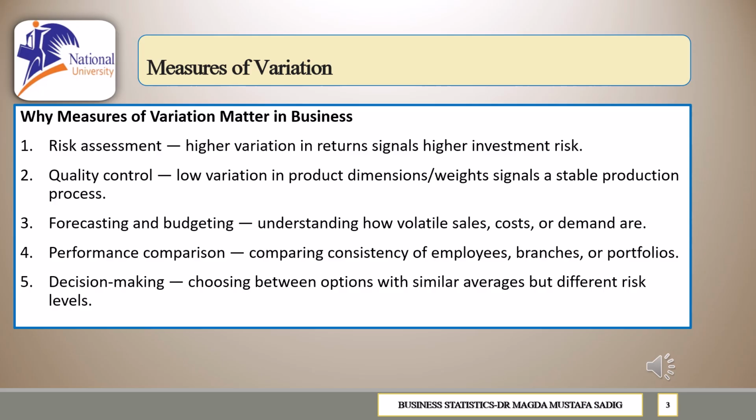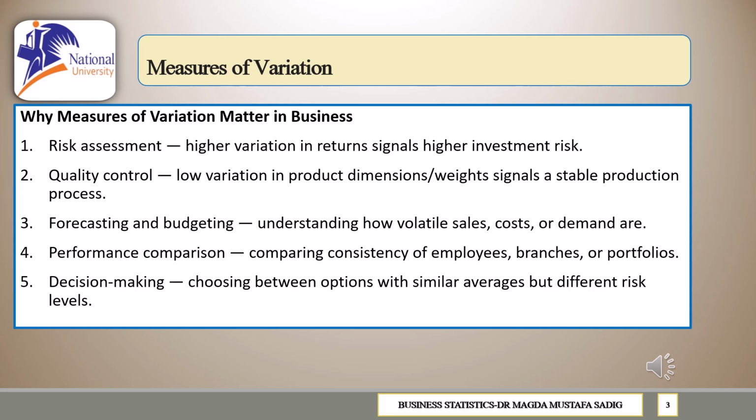Investment B may produce returns of minus 5%, 10% and 25%. The average may be similar, but investment B has much greater variation. Greater variation means greater uncertainty and usually greater risk. Therefore, higher variation in investment returns may indicate higher investment risk.